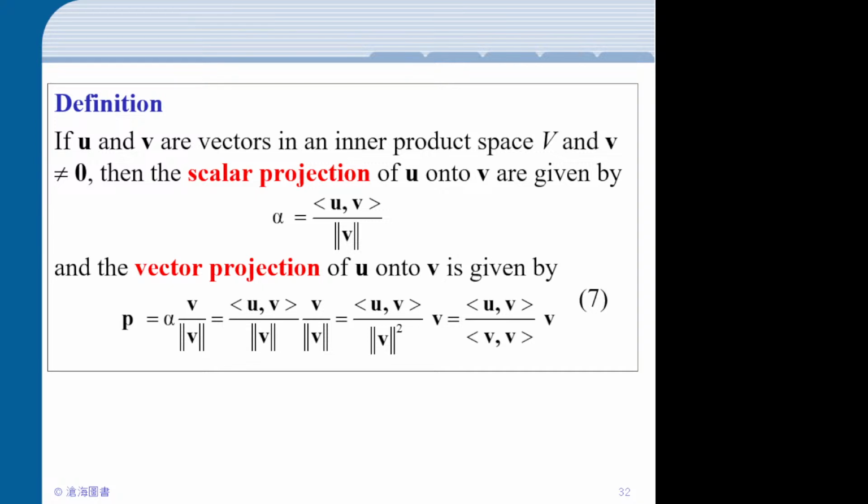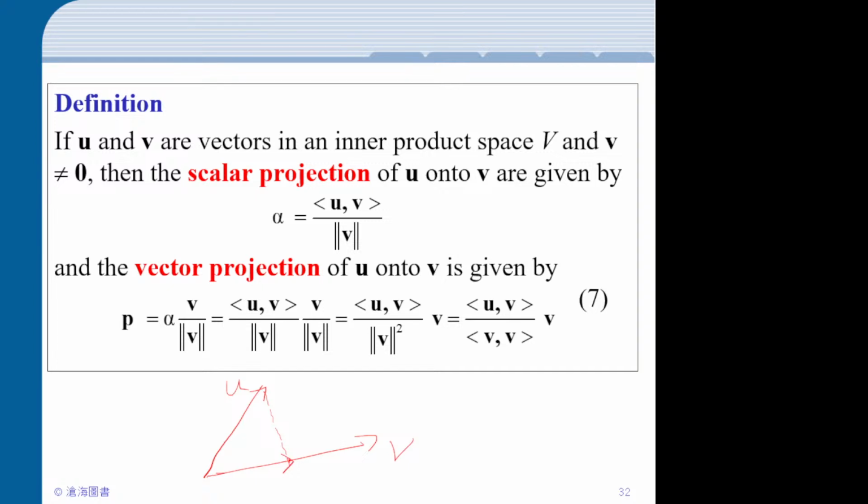So once again, let's say we have V here and U here. Let me try to draw a little better: U here and V here. What we want is the orthogonal projection here.